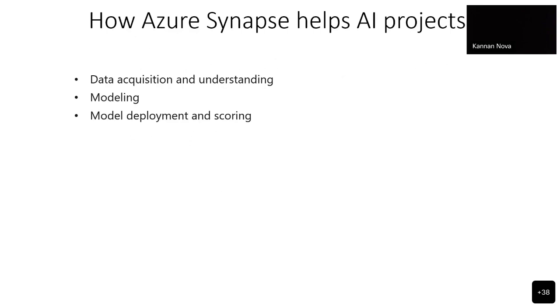So, how does Azure Synapse help an AI project? Especially we are talking about Synapse Analytics. It helps in three areas, starting with data acquisition and understanding. In AI, after the business problem, we have to collect the data.